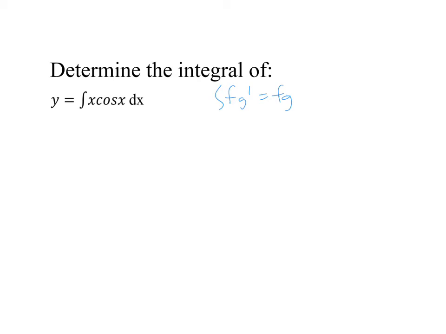Okay, I seem to get it working now. So the integral of f g prime equals f times g minus the integral of f prime g. So that's the formula we're going to work with.